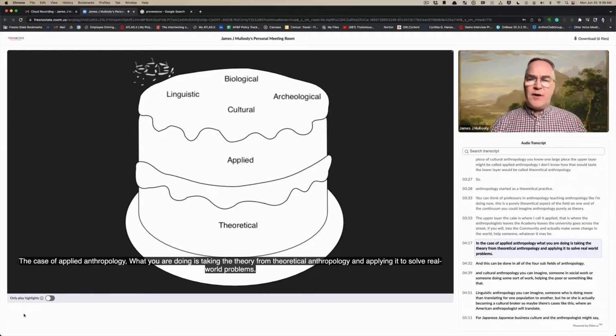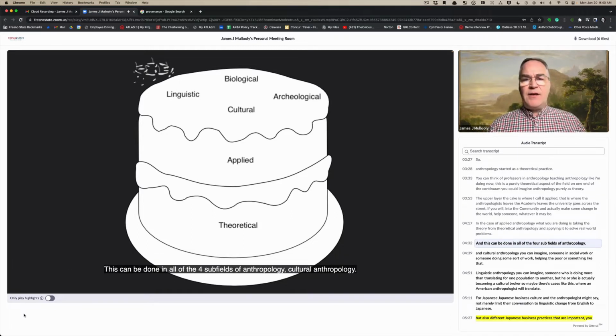In the case of applied anthropology, what you are doing is taking the theory from theoretical anthropology and applying it to solve real-world problems. And this can be done in all of the four subfields of anthropology.